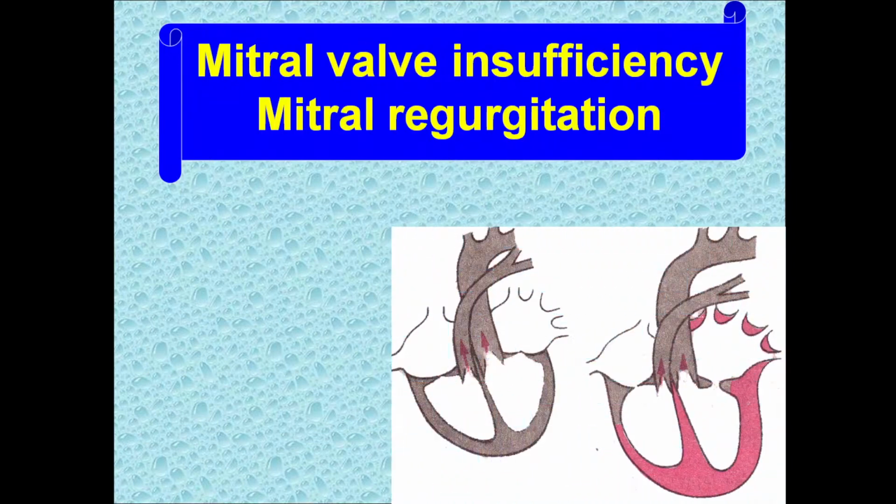The next heart defect is mitral valve insufficiency, or mitral regurgitation. I explained to you its pathomorphological and hemodynamic characteristics. The mitral valve leaflets are shortened. As a result, they cannot close the mitral orifice during the systolic period.